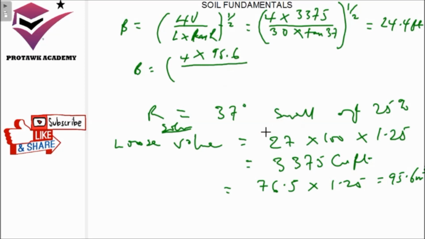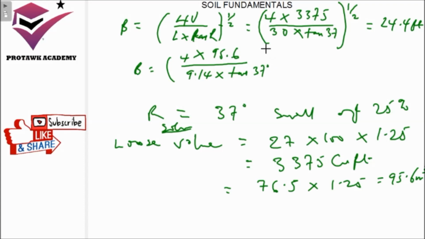What is the length given to us? We are given the length as 9.14, multiplied by tan of the angle of repose, which still remains 37.